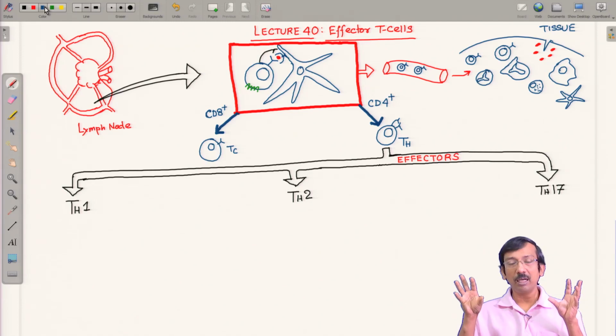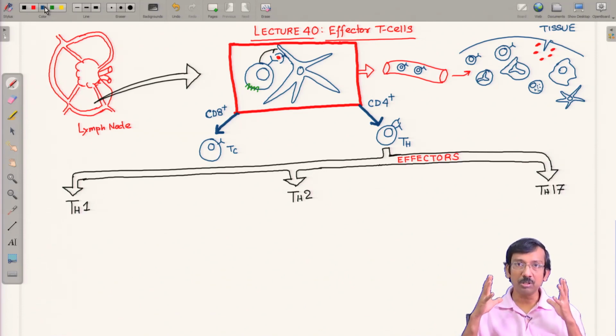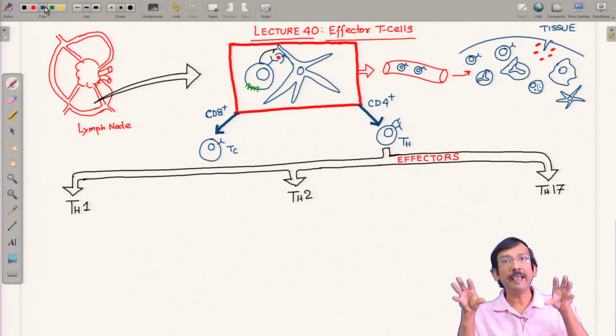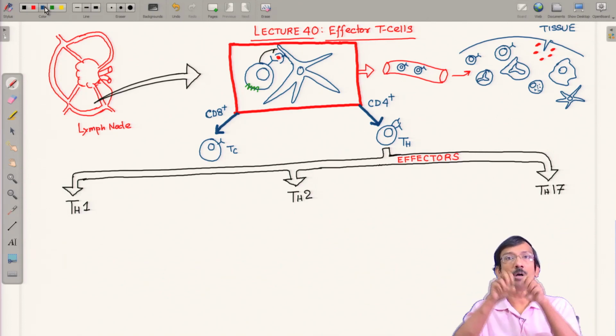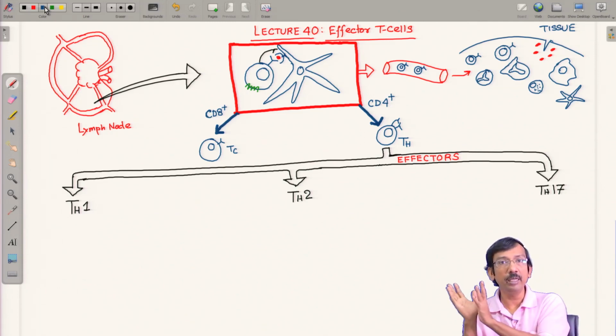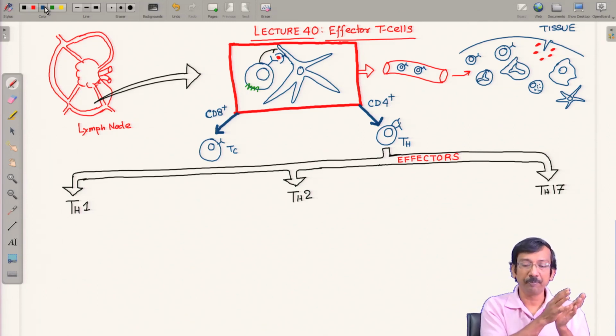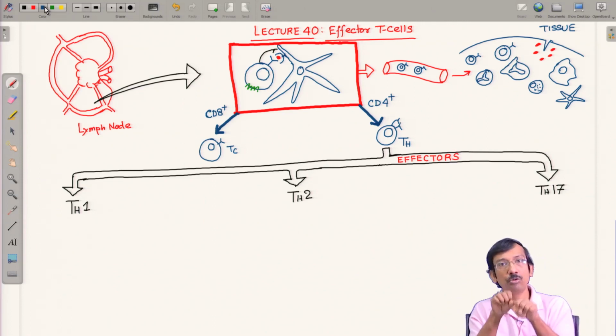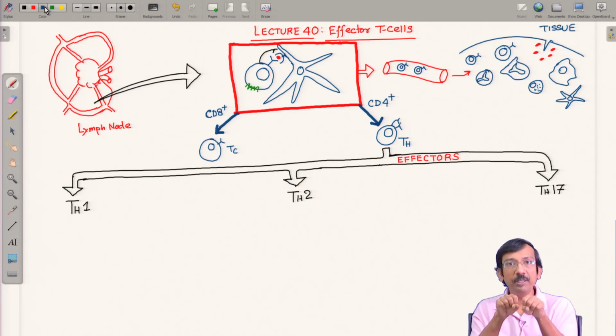I have already told you several times that the innate and the adaptive system are very well coordinated. It is not that the innate system works discretely or the adaptive system works discretely. There is a coordination between these 2 systems and they try to help each other.